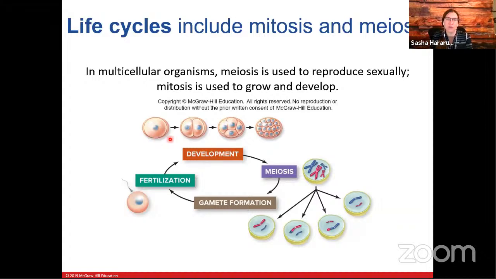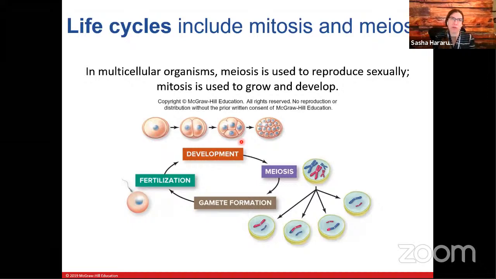So this zygote is going to divide, and the cells are going to specialize and eventually look like an embryo, and eventually look like a human being. But in the very beginning, the cells divide mitotically. So mitosis is going on during the embryo development.